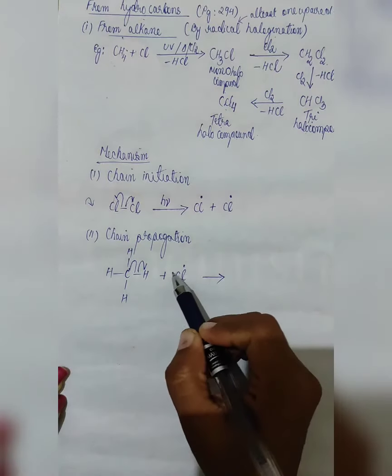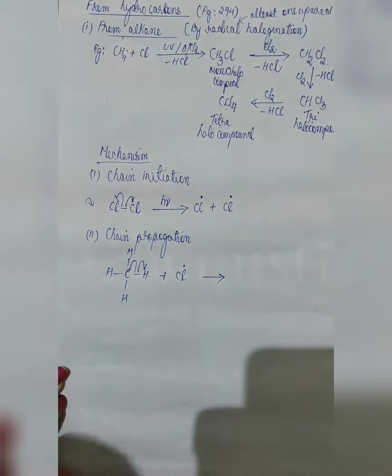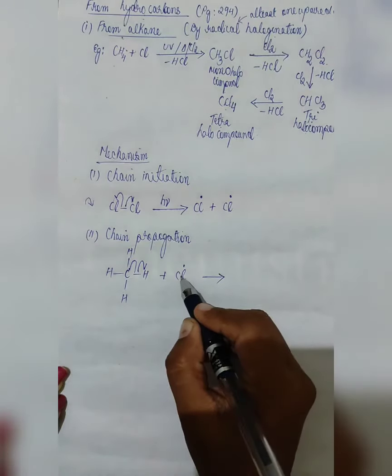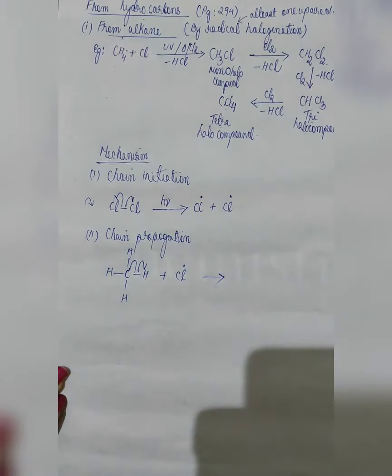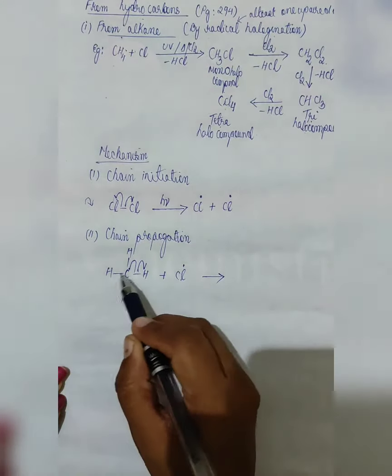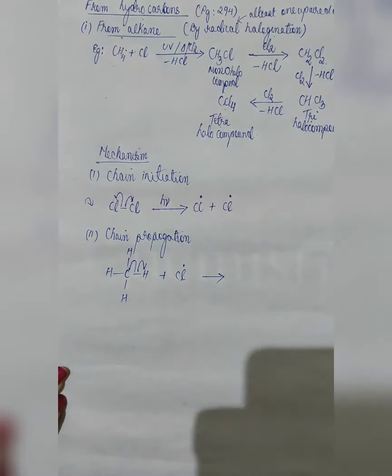Now if chlorine reacts with the CH3 radical, it is not going to form a strong bond. But if Cl reacts with the hydrogen radical, it is going to form a strong bond. Now it can react with both, remember that it can react with both, no problem. But it will want to react only with that atom with which it can form a strong bond. So it will prefer to react with hydrogen.